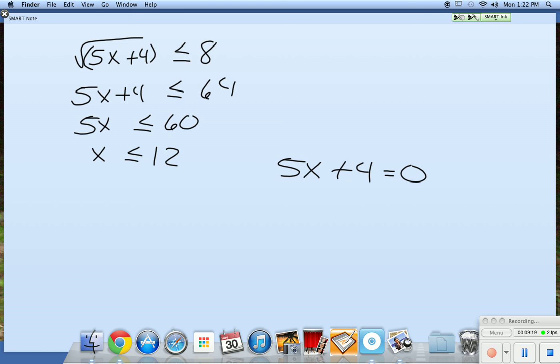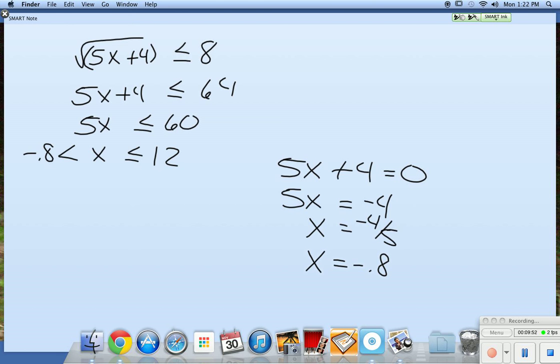Because if it's anything less than this number, then this becomes an imaginary number in here. All right? 5x equals a negative 4. X equals negative 4 fifths or negative 0.8. All right? So I can say here, my lower limit here is a negative 0.8.